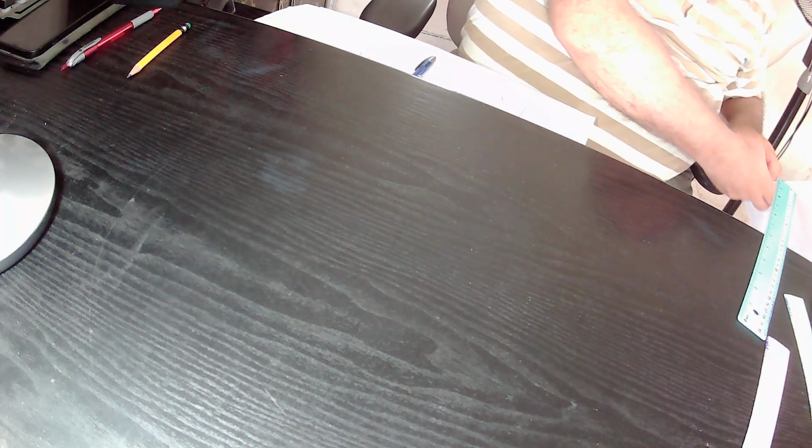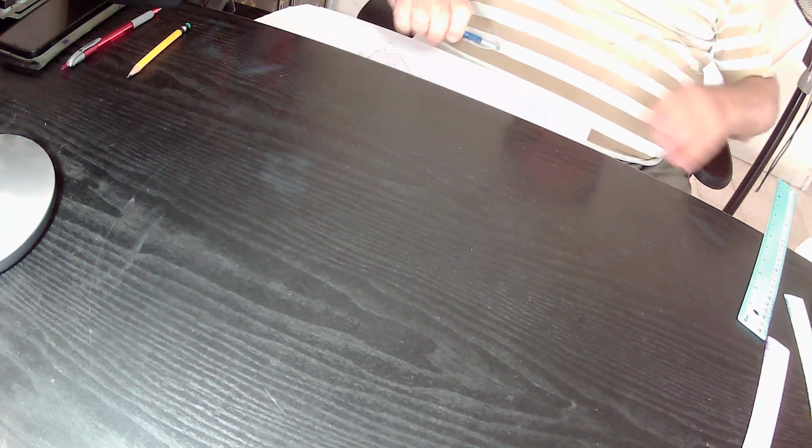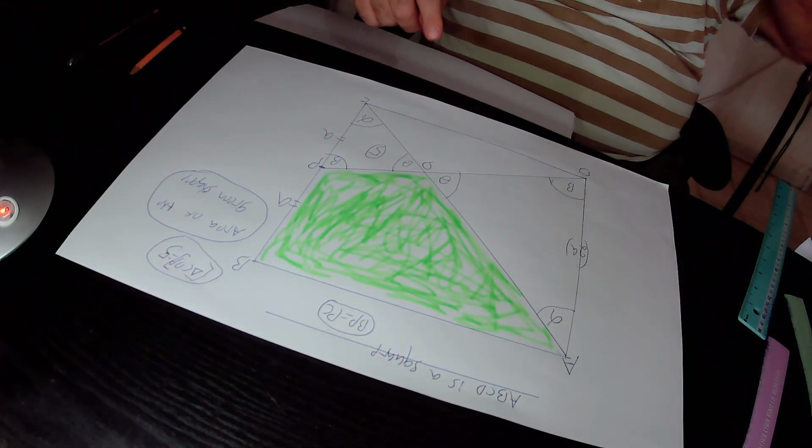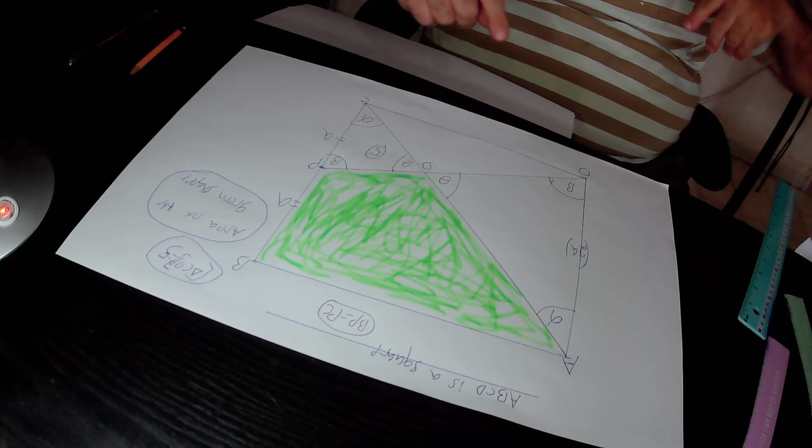Why? Because in our drawing we have found out that the big triangle AOD is similar to the small triangle COP.